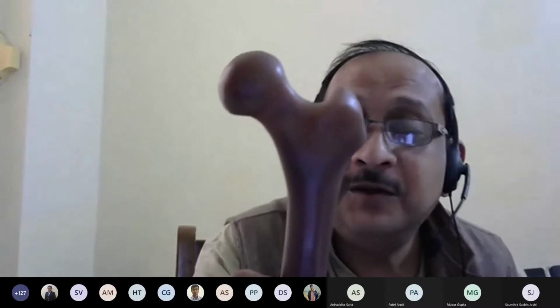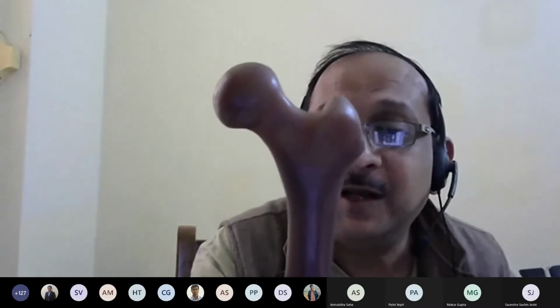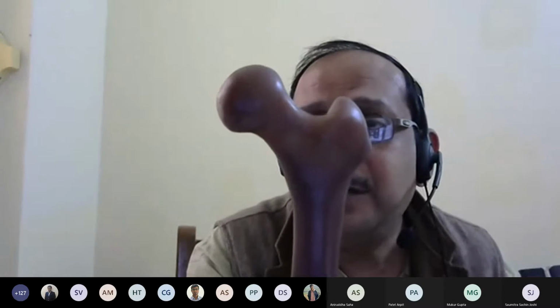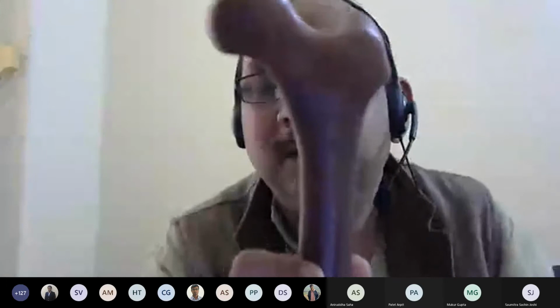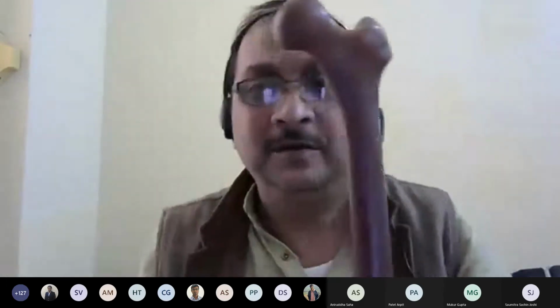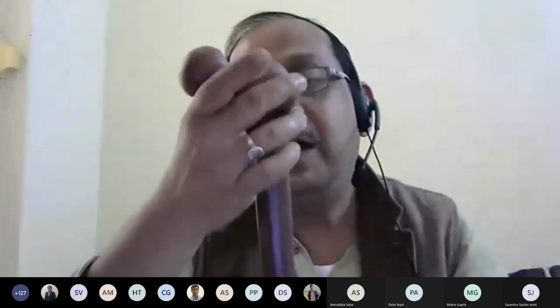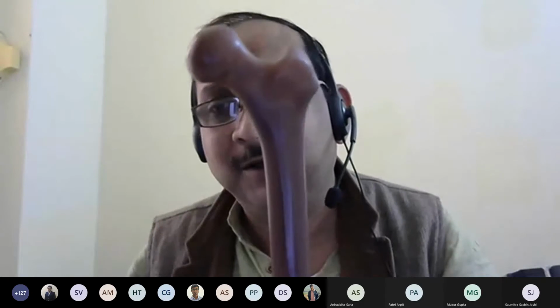Now this part is the greater trochanter. This is the neck, and you can see very clearly how the area of cross section of the neck diminishes abruptly from the head, similar to our neck. And then we have the body of the femur. You can compare it with our body. We have a head, we have a neck, and then the stocky part of our body, that's the femur shaft.